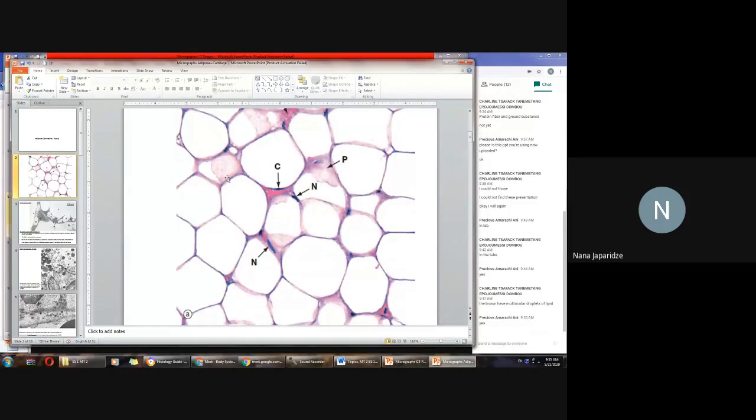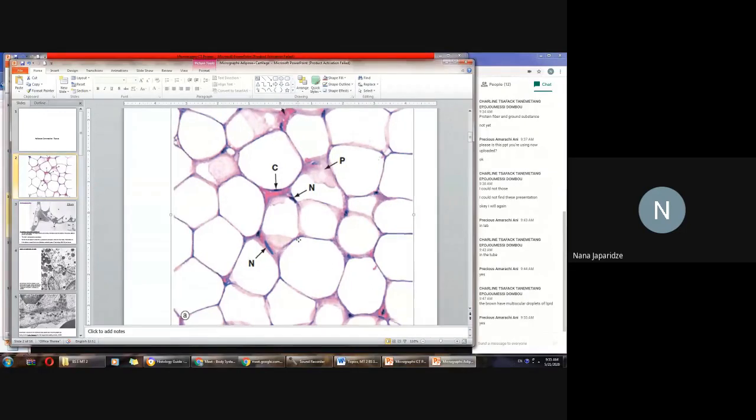Look, guys, here we see much more amount of cytoplasm. This is the cytoplasm of white adipocytes. And you know why we are able to see this much more cytoplasm?